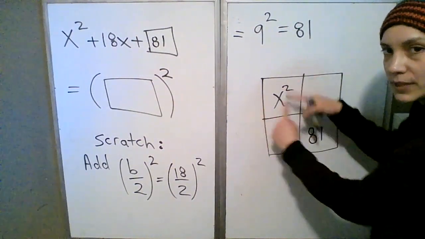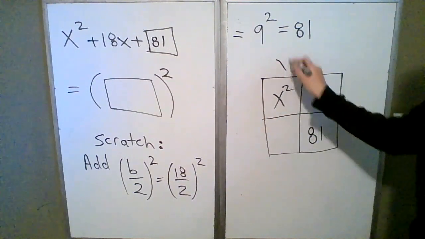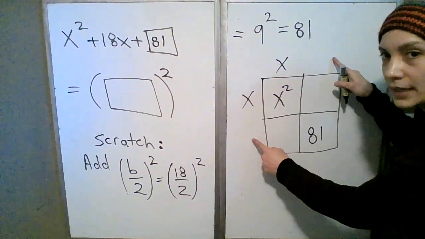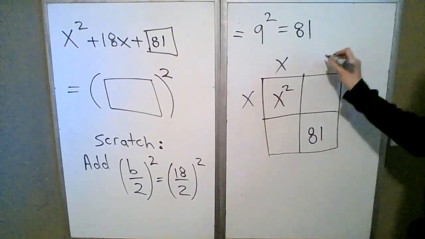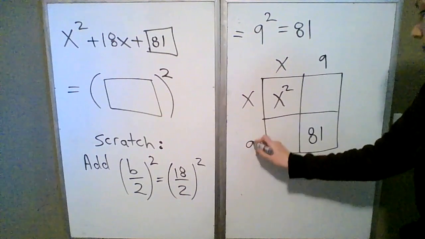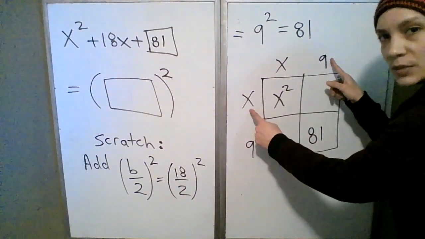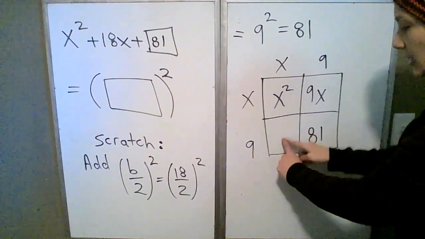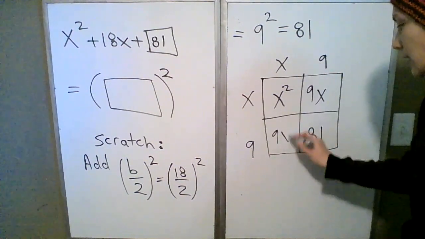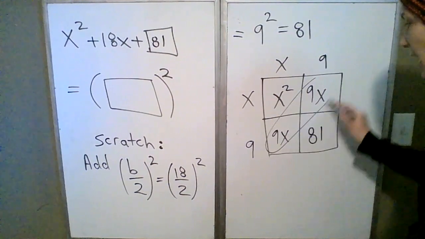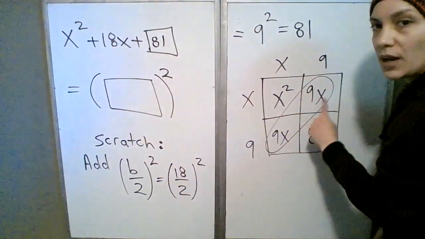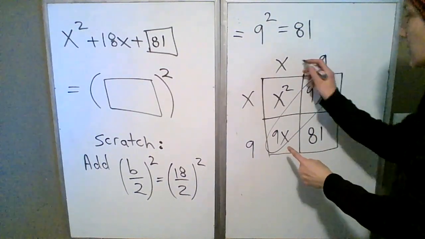So x times x would be x squared. 9 times 9 would be 81. So these numbers multiply to 9x. Same thing right here is a 9x. I want these middle terms to add to positive 18. So I want this to be a positive 9x with a positive 9x.